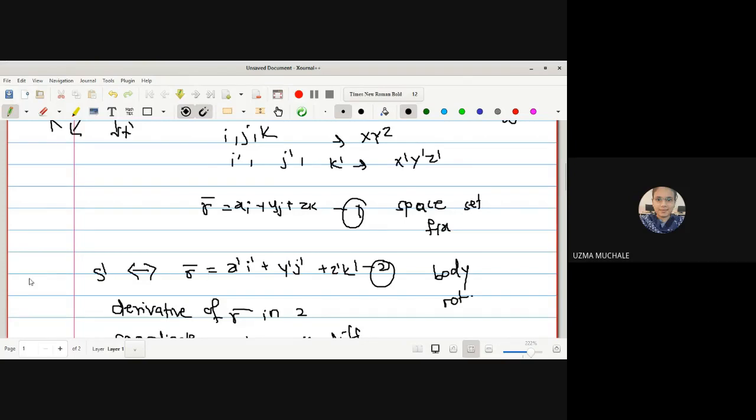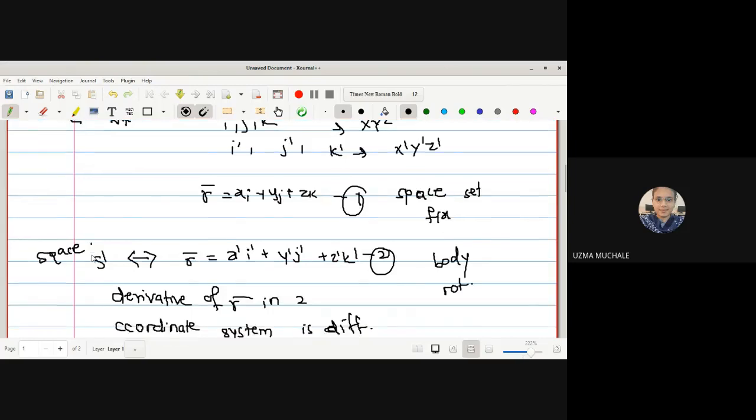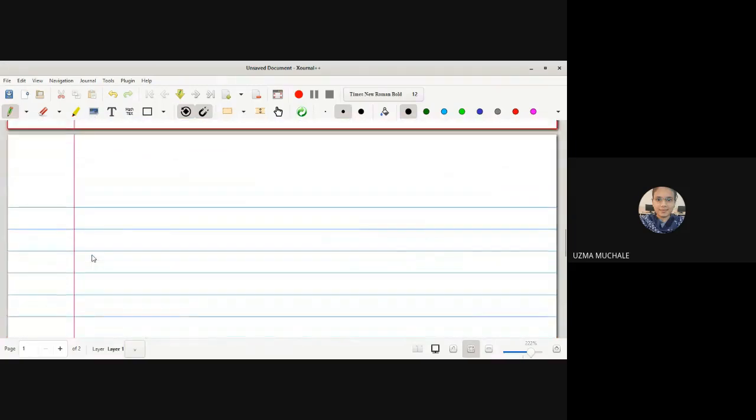But if you differentiate this with respect to the space set of axes, I will write down the derivative, then you can understand. So, differentiating equation 2 in S dash, or equation 2 with respect to S.